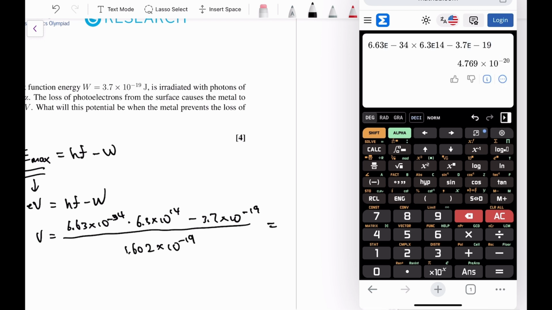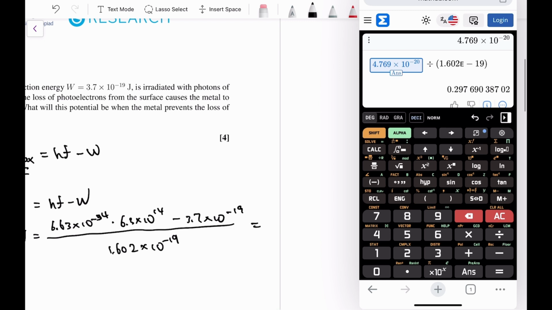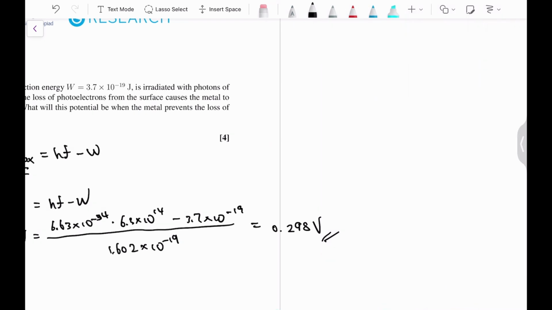So that will be equal to this, and then this divided by 1.602 times 10 to the minus 19. Okay, now that will be equal to 0. Let's go to 3 significant figures. That will be 0.298 volts. And that will be the answer to the question.